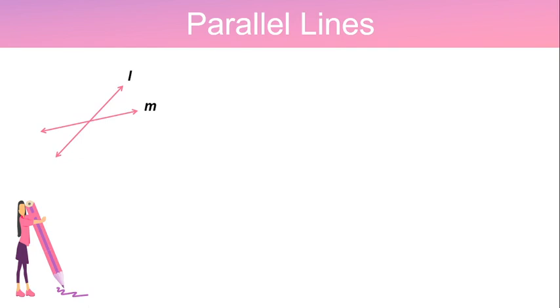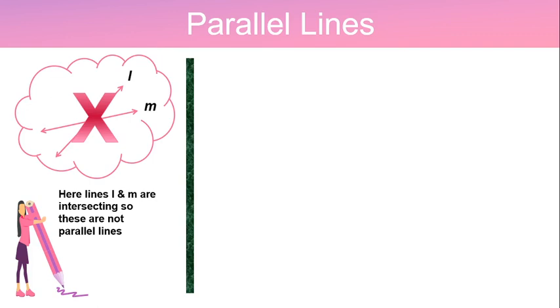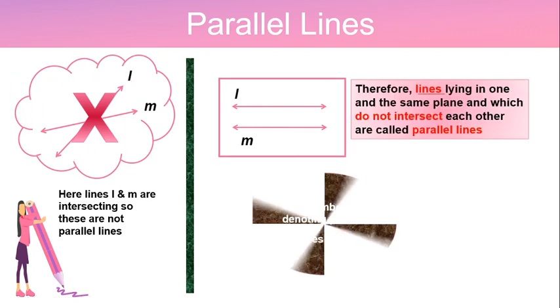Now, these two lines here intersect with each other. So these lines are not parallel lines. In this case, these two lines do not intersect with each other.